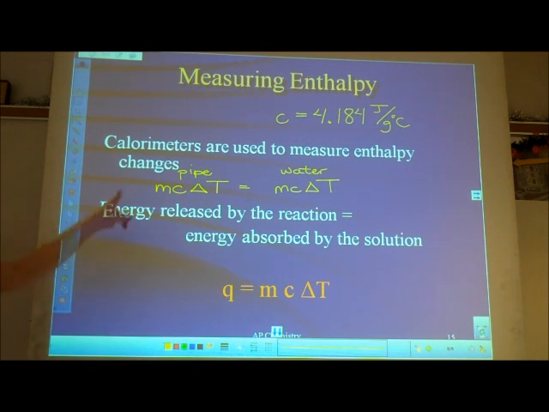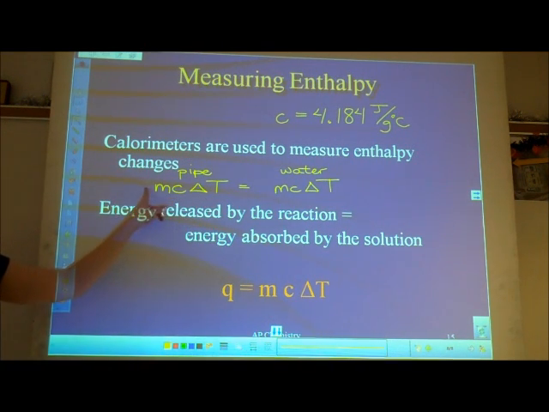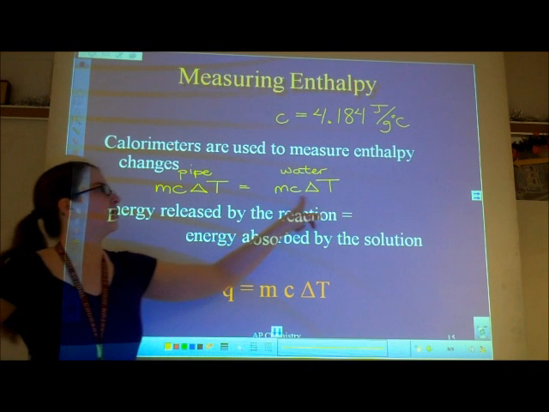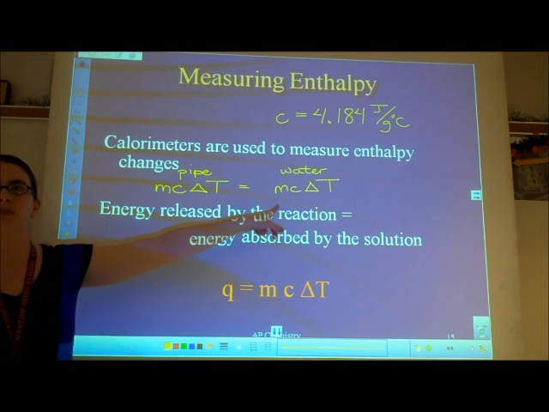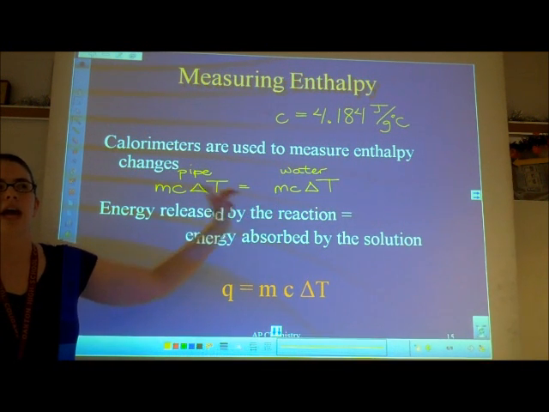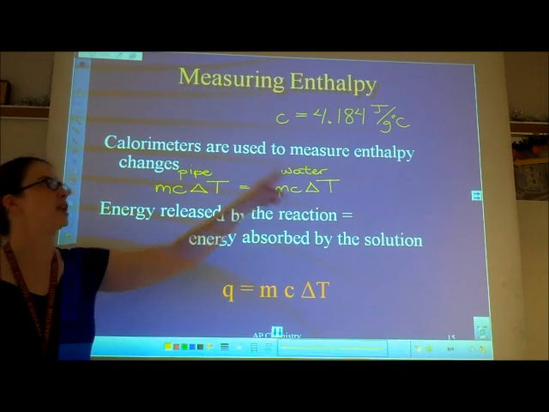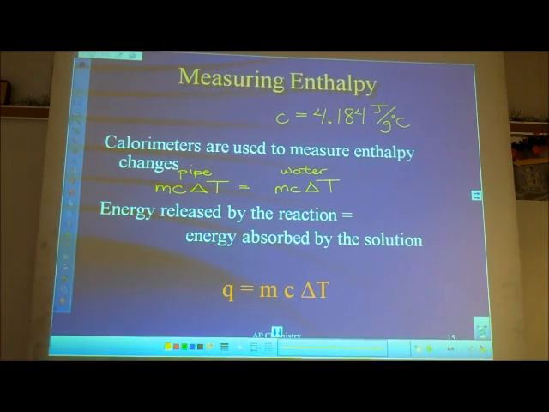Negative. This one's heat will be negative. This one's heat will be positive. How do you make -5 equal +5? Put a negative on one of the sides. It doesn't matter which side.